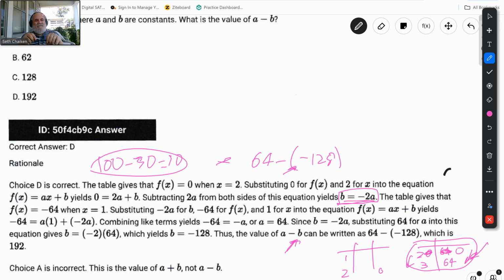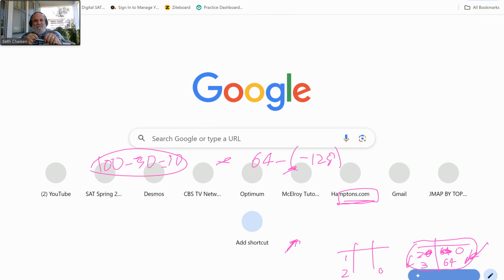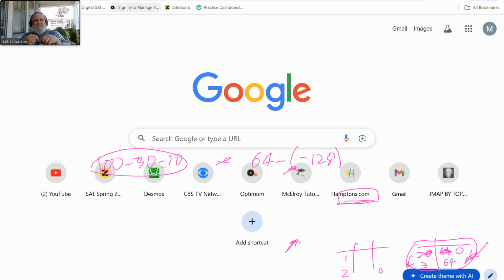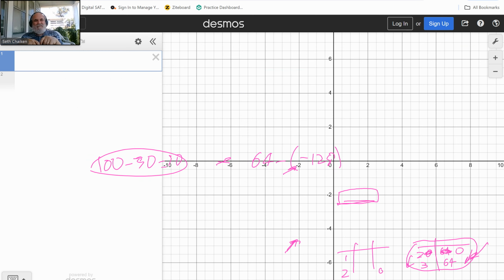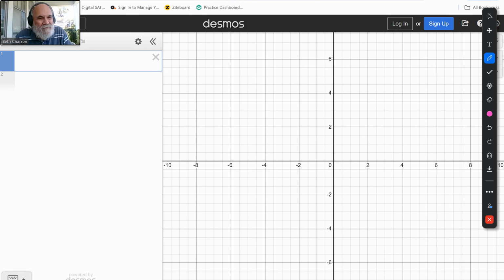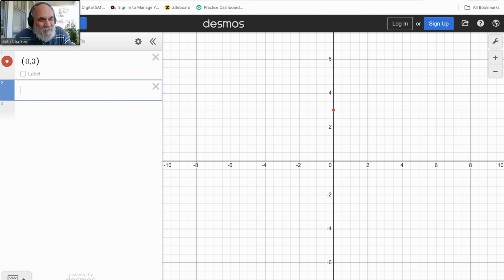And I just want to see real quick. We're basically done. I just want to see really quickly on Desmos, can you type in points on Desmos? Let's just see. So I just shared the screen. Can you type points in? Can you just go like 0,3? Okay. And I don't know, 8,4.